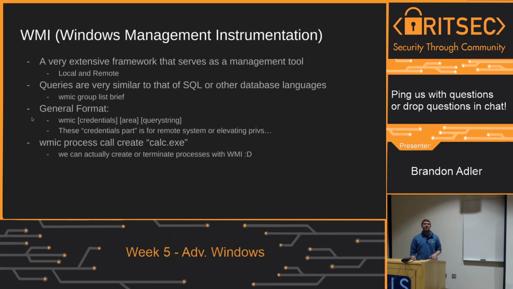And I believe, if you've heard of COM objects, it's also a very low-level thing in Windows user land that allows for a lot of management techniques. But the credentials part up here is for remote systems or elevating privs usually. And you can actually create processes with a call to WMIC, which is kind of interesting.